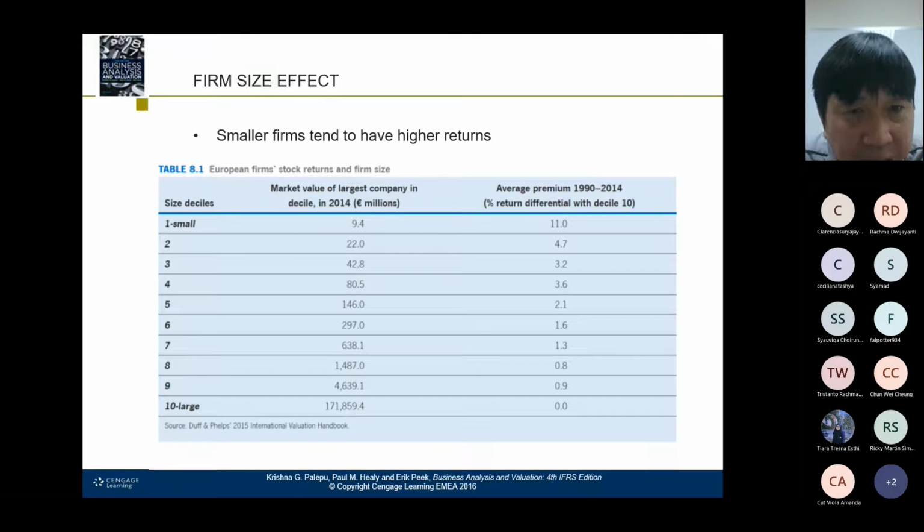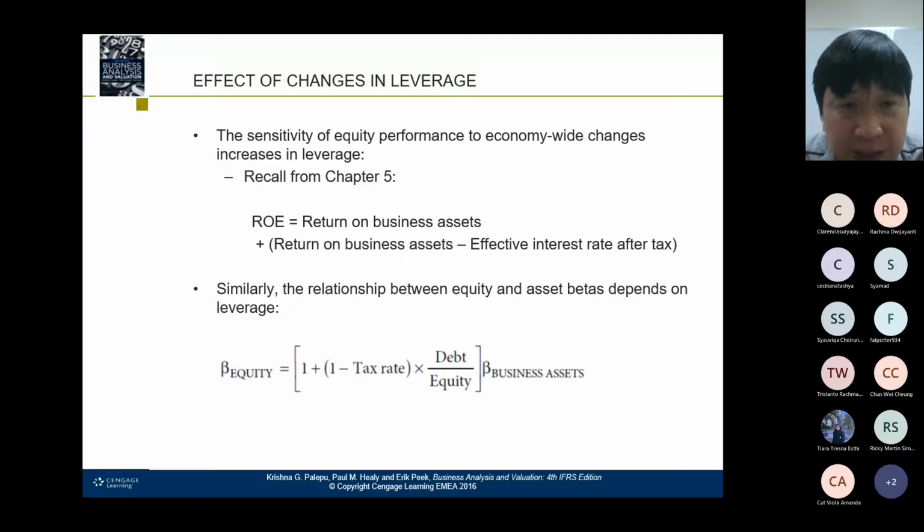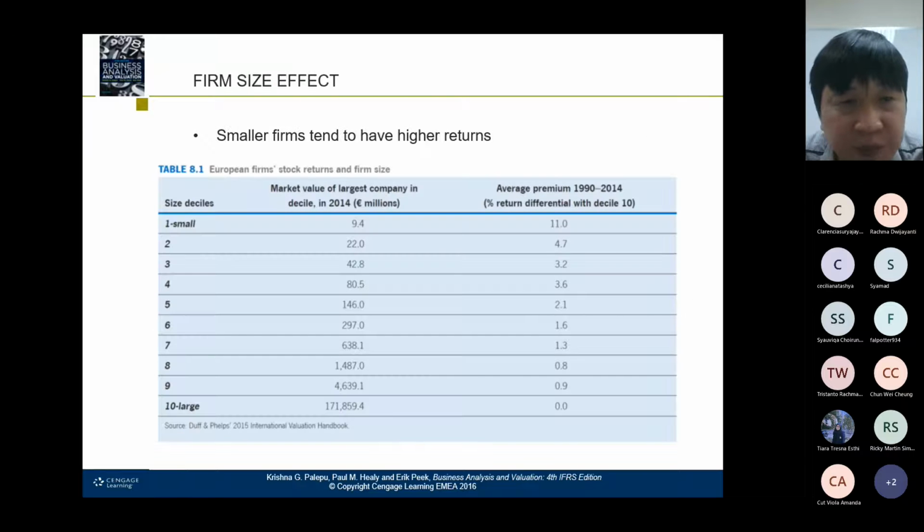If you find the cost of capital is not only affected by the systematic risk beta, and you want to compare and consider the firm size effect, here the formula will be changed to RF plus risk premium plus the size effect.